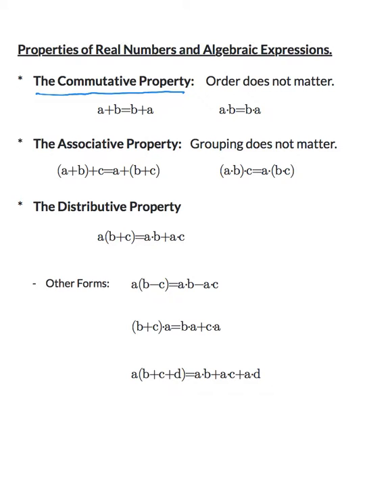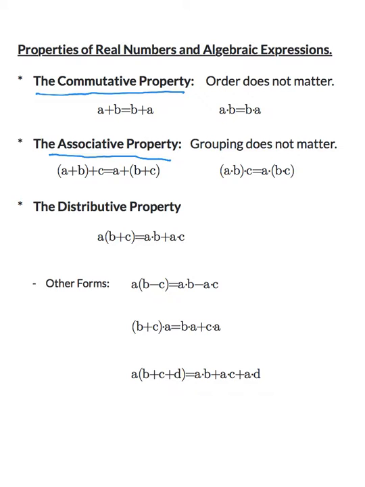We also have the associative property. The associative property tells us that grouping does not matter. So just like with our numbers, we can add in any grouping, we can multiply in any grouping. Similarly, with expressions, we can combine terms through adding and multiplying in any grouping that we want.